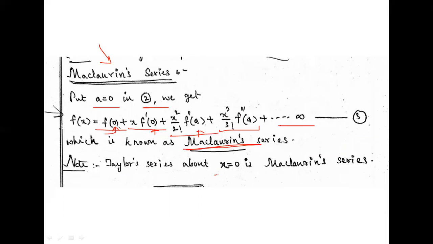Taylor series about x is equal to 0 is Maclaurin series. This is also for 2 marks, that is your SAQ.